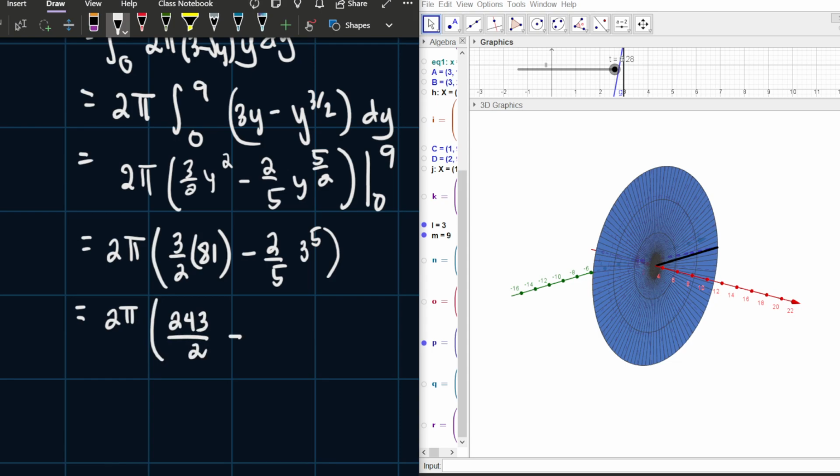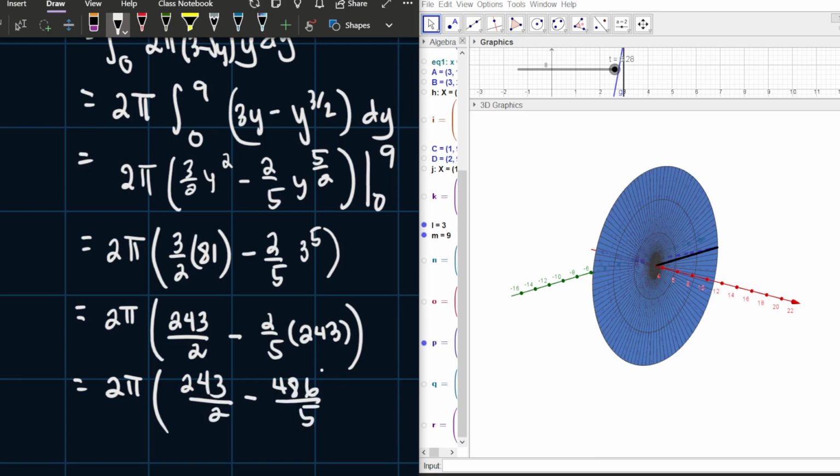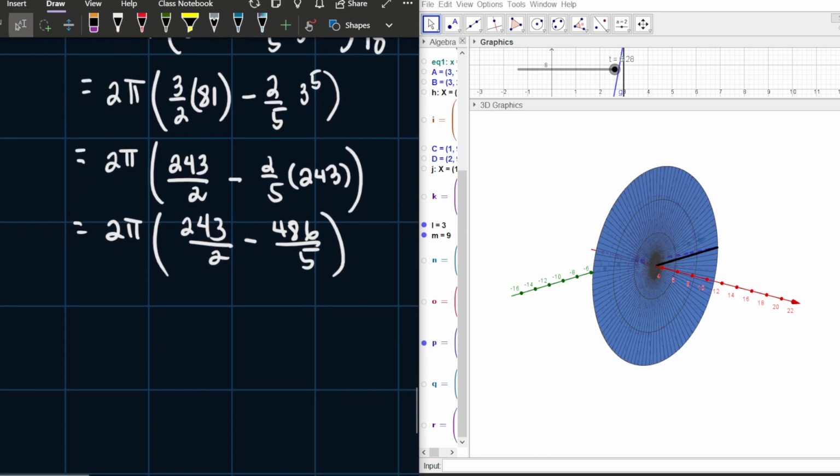And then, ito naman ay 2 fifths times 243. Or 2 pi, 243 over 2 minus 486 over 5. Simplify further.